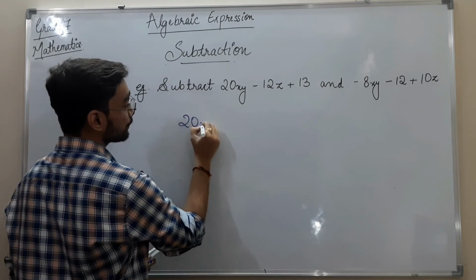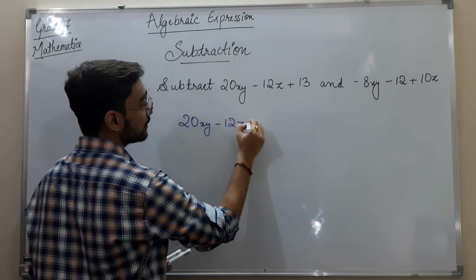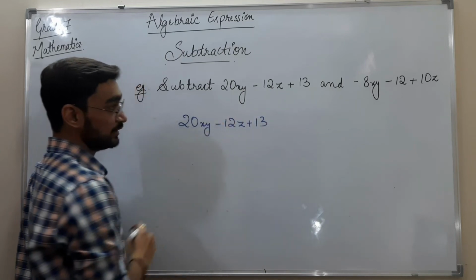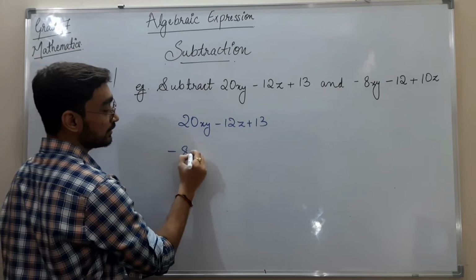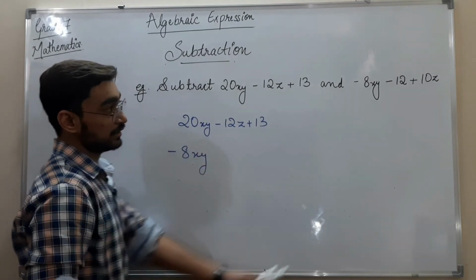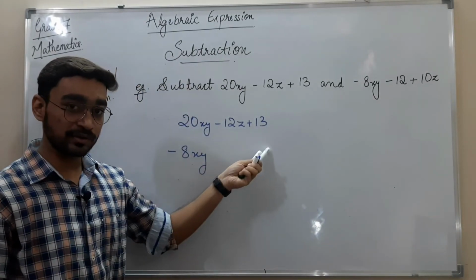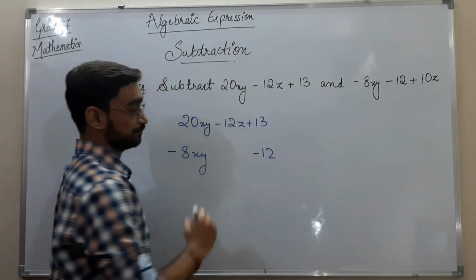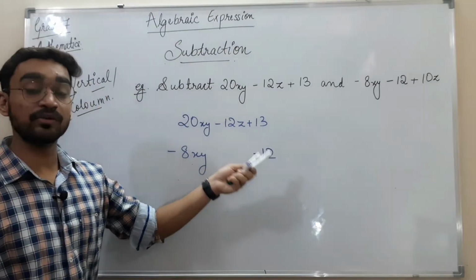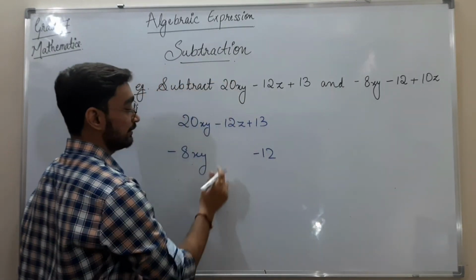20xy minus 12z plus 13, and this number will come down, that will become minus 8xy minus 12 plus 10z. This will come under this one or this one? Very good, 13. So it will be right here, because like terms we have to write together under each other. Then plus 10z will come here.